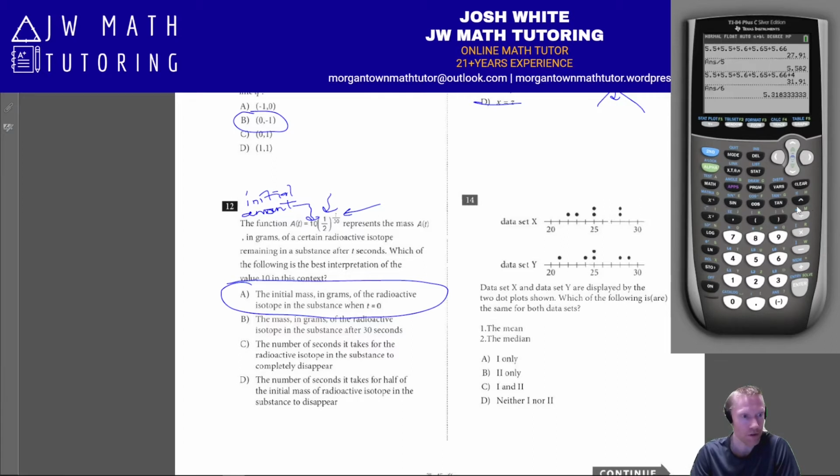So let's start off with the mean. So for data set X, we have, let's see, 20, 21, 22, 23. Put them in reverse order, but it doesn't matter. Plus 25, plus 25. And then we have 26, 27, 2 28s.